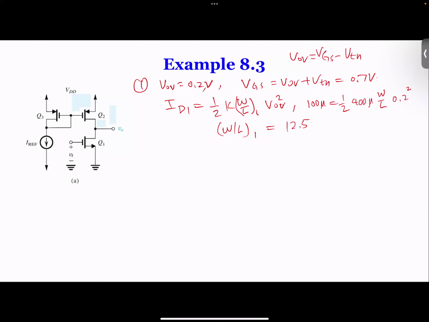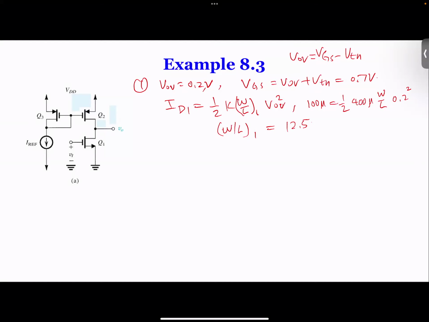Now, there are two ways to get W over L of 2 and 3. They are both PMOS, they're both the same. One way is to look at the K ratio. The K ratio is 4 to 1. So this one has to be 4 times larger than the other one.